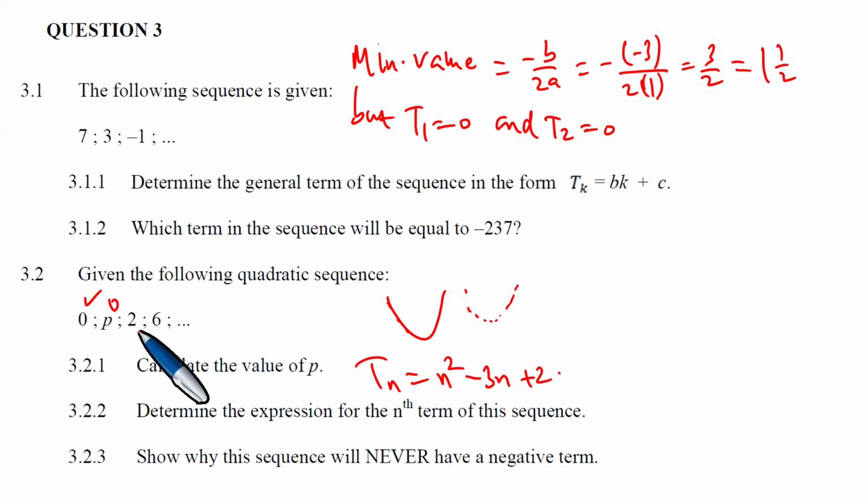So there's no term that is going to have the position of 1.5. 1.5 is the minimum value here.